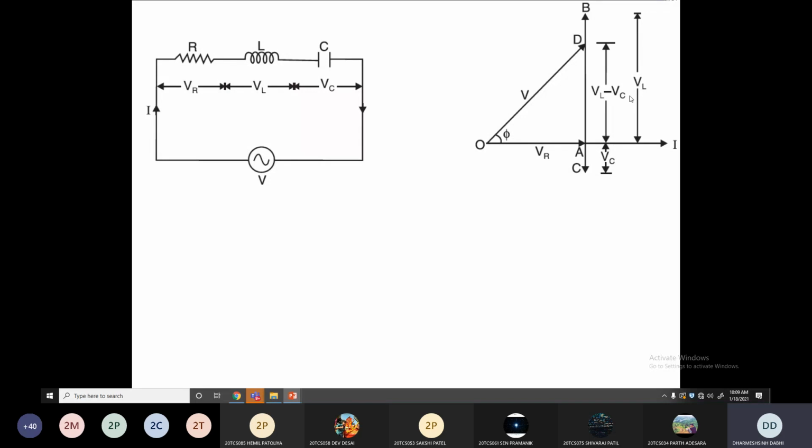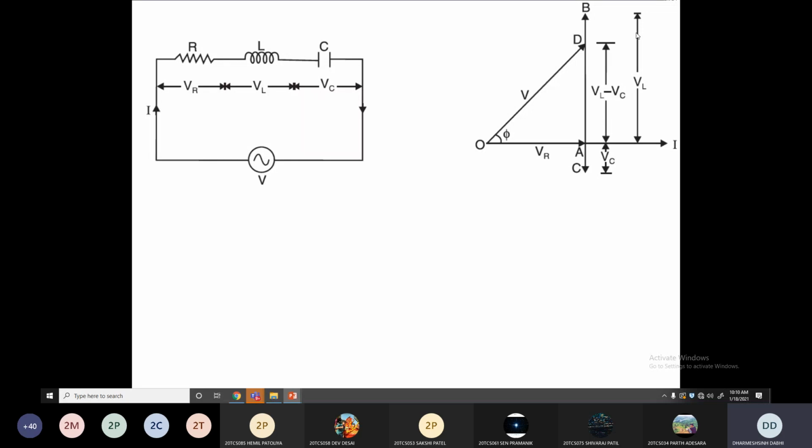As we know, vectors VL and VC are exactly 180 degrees out of phase with respect to each other, or we can say both are completely opposite to each other. So I draw the vector of AD, which is nothing but VL minus VC. Clear?